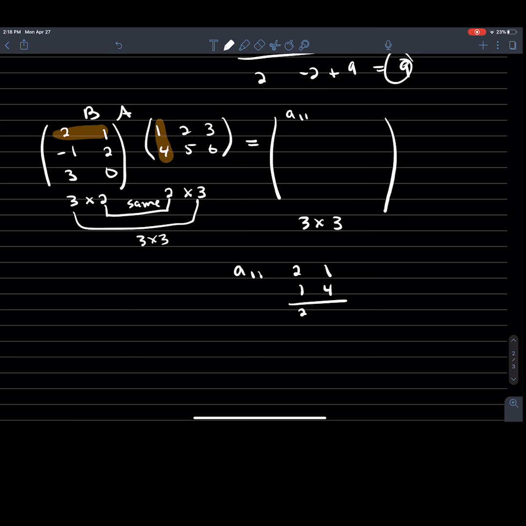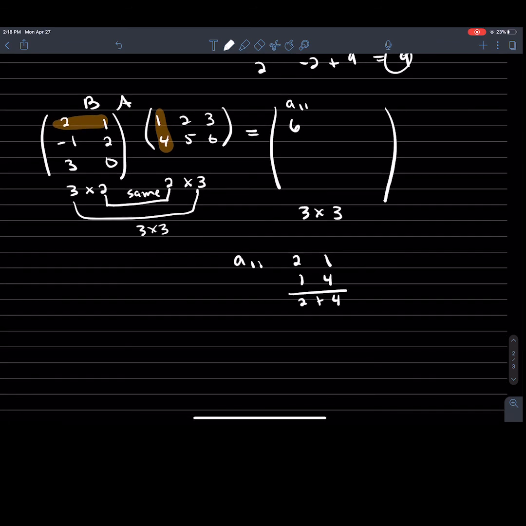I'm multiplying down and adding them up: 2 plus 4, I get 6. Then A12 is first row, second column.